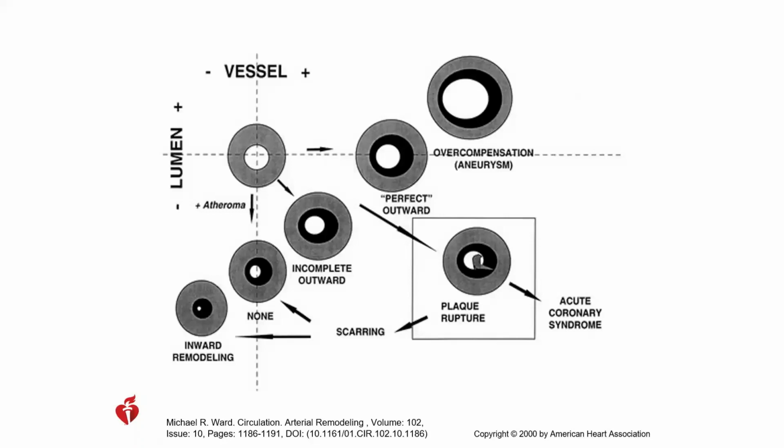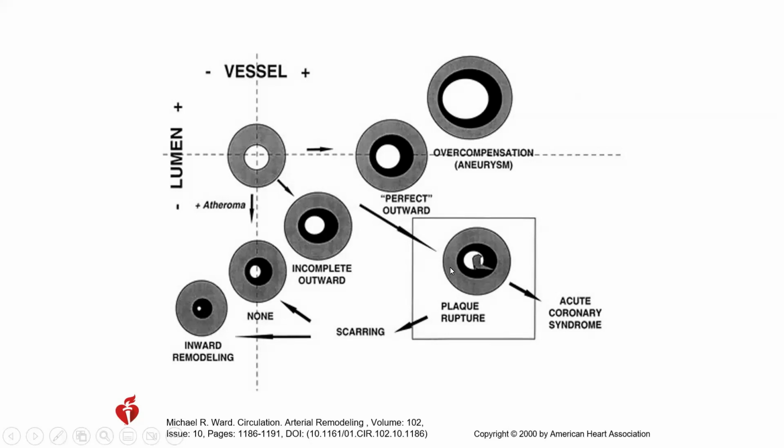Atheroma induces ectasia by this extrinsic remodeling of the artery. But most likely the artery goes in this direction or this direction. So there is gradual narrowing until it reaches a stage when symptoms appear. This tends to be kind of stable and chronic coronary syndrome.